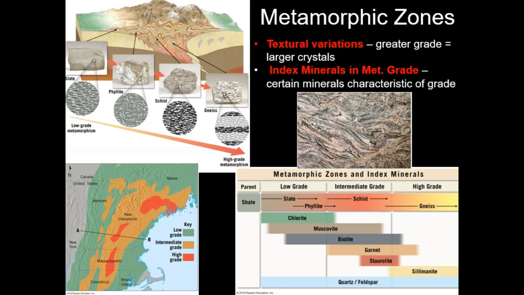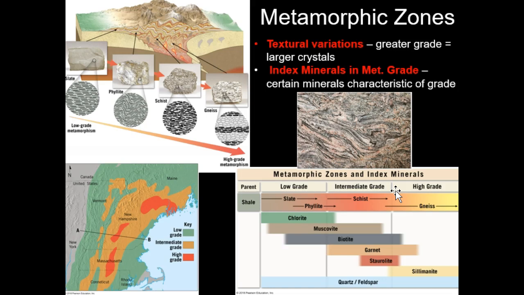of certain minerals that are only present in the rocks that have been exposed to a certain range of metamorphism degree. So, for example, the mineral staurolite right here usually only forms under metamorphic conditions of intermediate to high grade metamorphism.